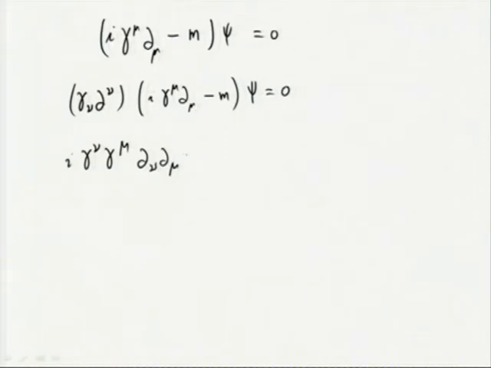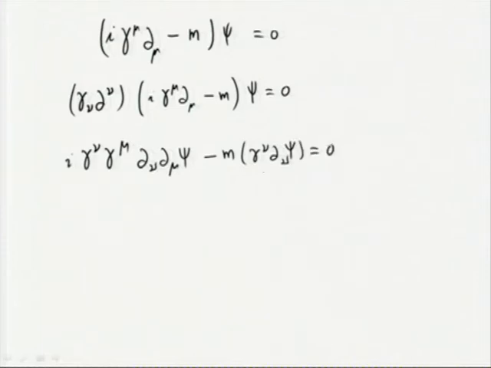Whereas the differential operator has nothing to do with these. These gammas are basically constants as far as the derivative operator is concerned, and they can be easily taken across without worrying about any other issues. So, that is what we have here. This is the first term, and then the second term is −m γ^ν ∂_ν ψ = 0.